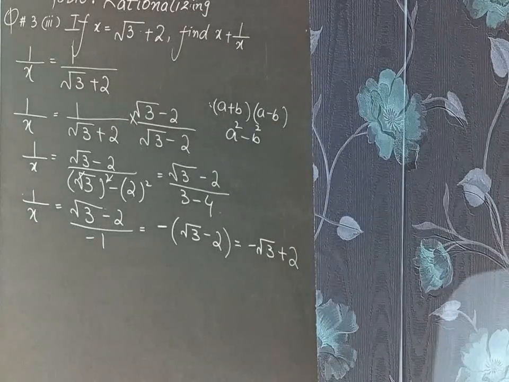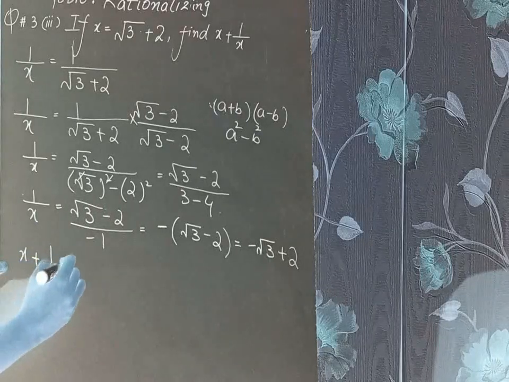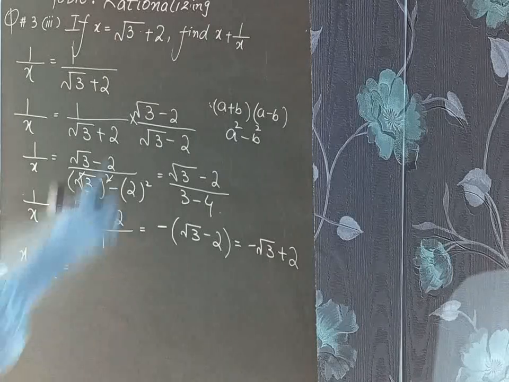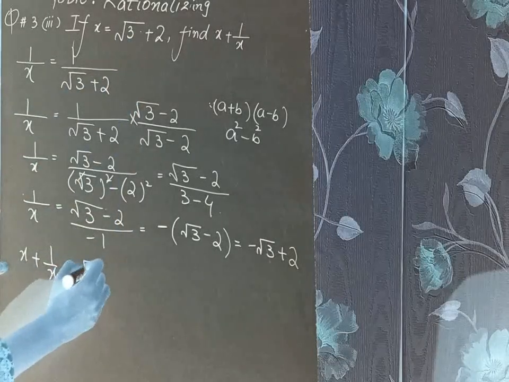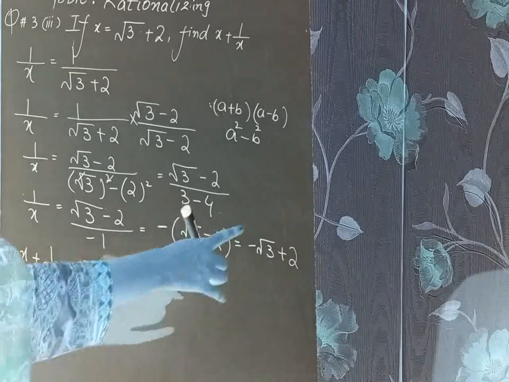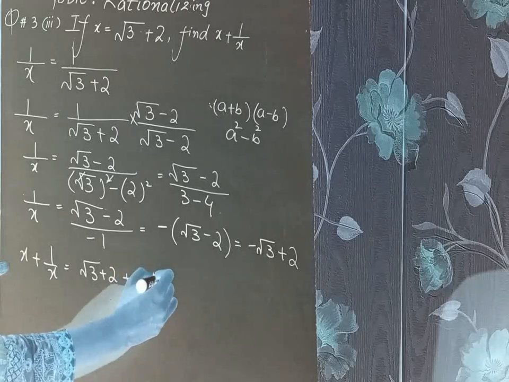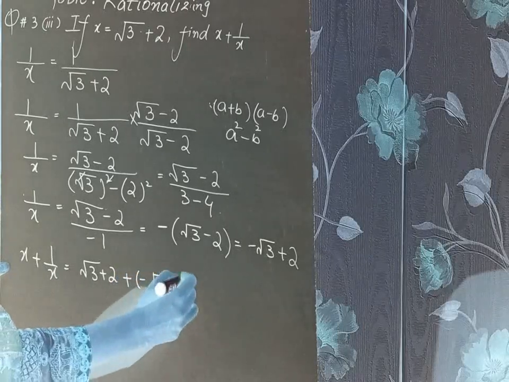Okay, now what we are going to add here is x plus 1 over x. The value of x is under root 3 plus 2, plus the value of 1 over x, which is minus under root 3 plus 2.